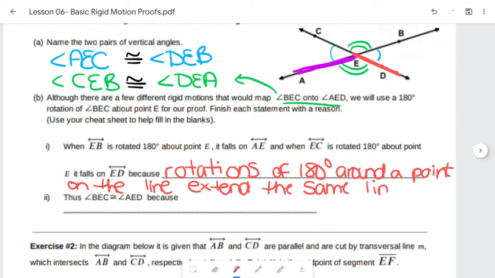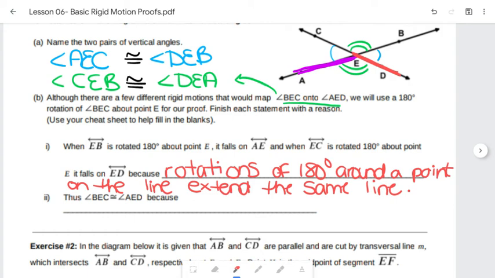Basically, what that means is anytime we try to do a rotation of 180 degrees, if your center of rotation is on that line, it's just making the line a little bit longer, which technically we know lines go on forever, so it's not even necessarily making it longer. It's just extending it further.